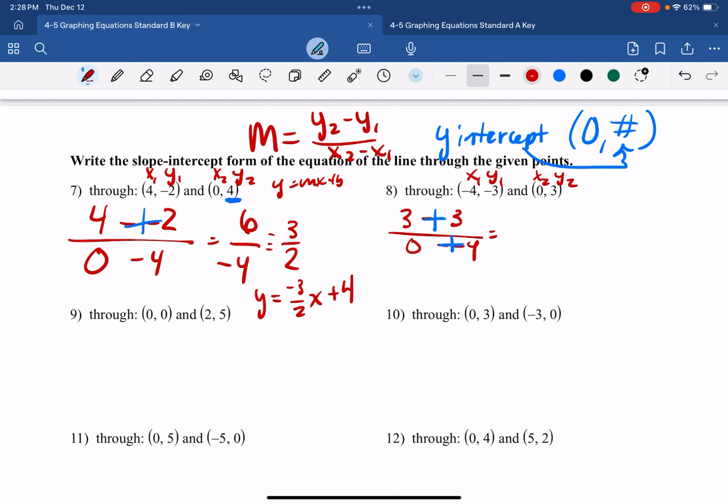So we've got, oh, that's funny. This one's the same number almost, just not a negative. Oh, I just wrote 2 over 3. 3 over 2. And which one's the y-intercept? The 3. So y equals 3 halves x plus 3.